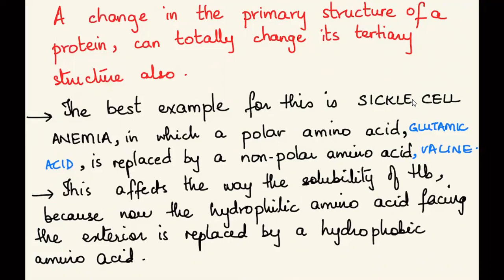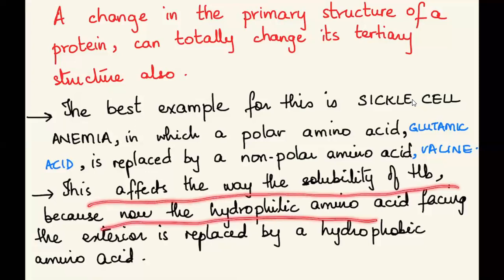So the composition changes in a way that from a polar thing, it changes into a non-polar substance. So the coil gets disturbed because earlier the non-polar regions were facing inside and the polar regions were facing outside. So now, since there are no polar regions, everything will face inside.